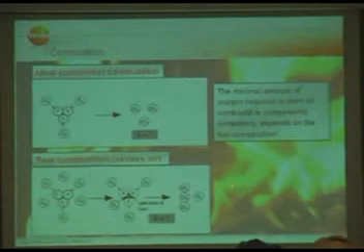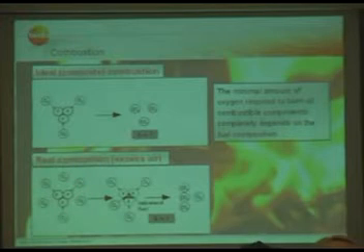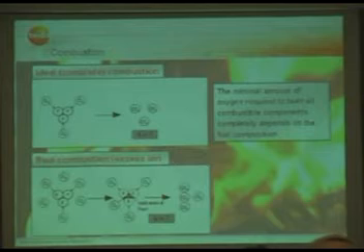A real combustion looks like this: you always have more oxygen present than the fuel components. That means at the end, you have the oxygen molecules which burn the fuel molecules, and then you have CO2 molecules, and because you're providing more oxygen to the combustion, you also have some oxygen left in the flue gas.